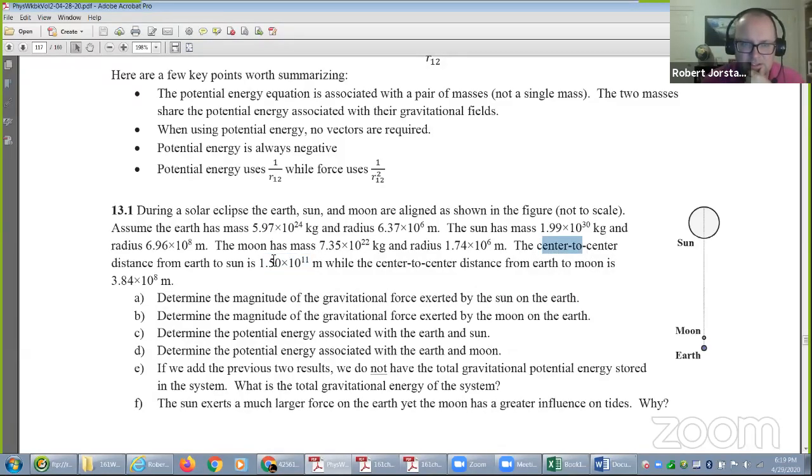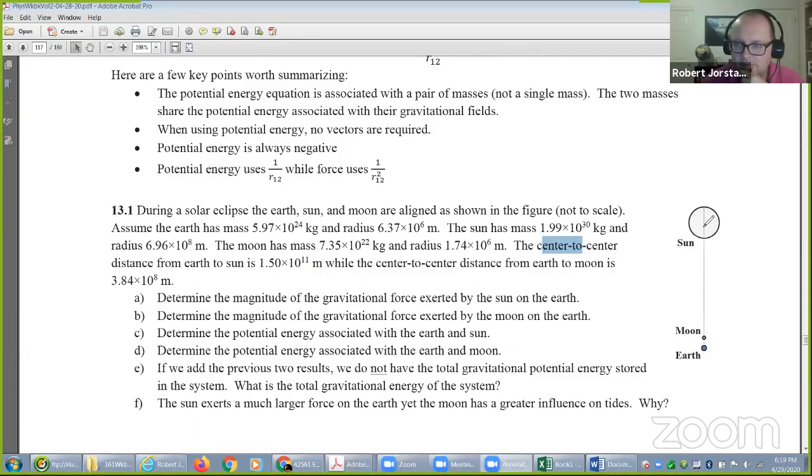The center to center distance from Earth to sun is basically 10 to the 11th. Now notice the radius of the Earth itself is approximately 10 to the 6th. You could say it's 10 to the 7th.